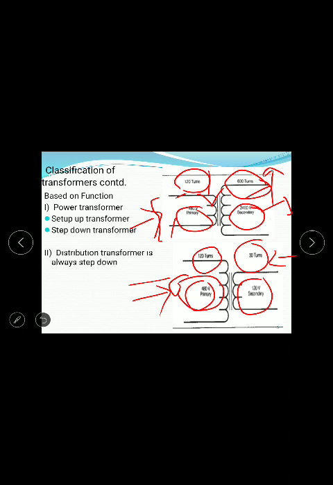A distribution transformer is always a step down transformer. A power transformer is step up or step down, but a distribution transformer is always step down. Why? We require a low voltage level at the distribution side, so we always need only a step down transformer.